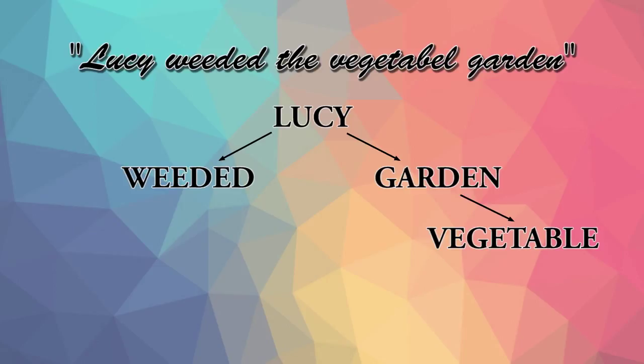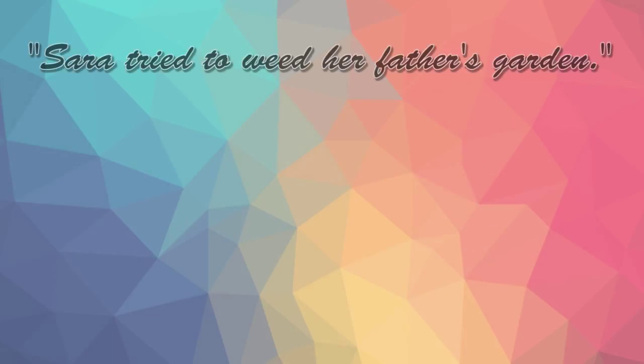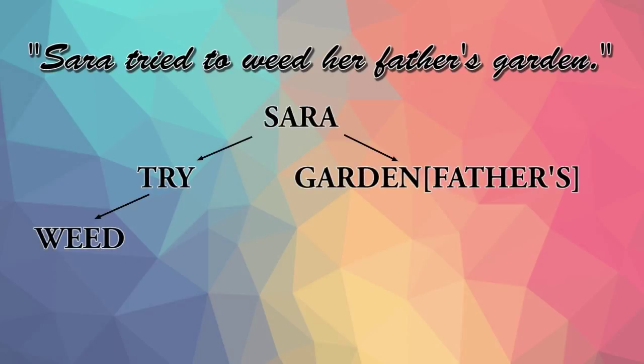See how vegetable is a unit idea subordinate to the other unit idea, garden. Or, take for example the sentence, Sarah tried to weed her father's garden, which is then parsed and structured into Sarah, try, weed, and lastly, father's garden.